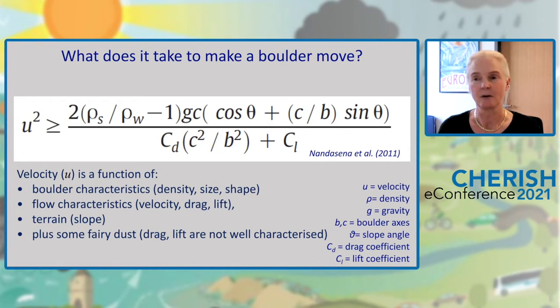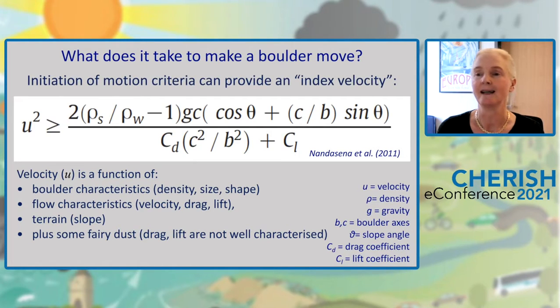And then some of these terms are a little bit like fairy dust because the coefficients of lift and drag that occur there are not that well characterized. So for that reason, we can't claim that a velocity we would calculate with this equation would be a precise velocity, but we can think of it as an index velocity that gives us a sense of the amount of energy that it would take to move a given boulder.